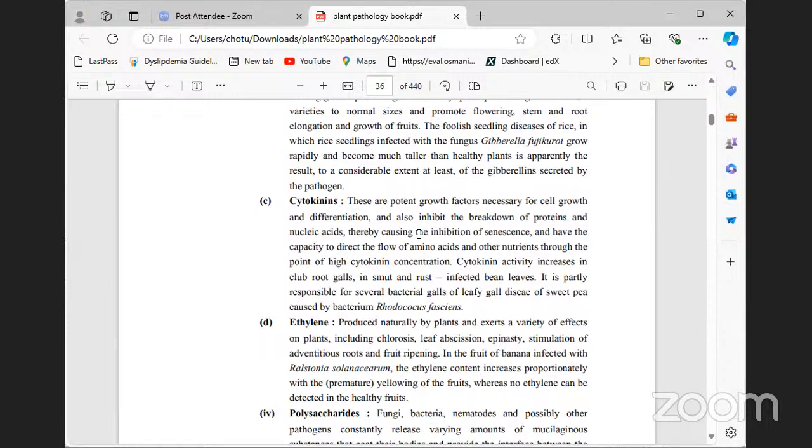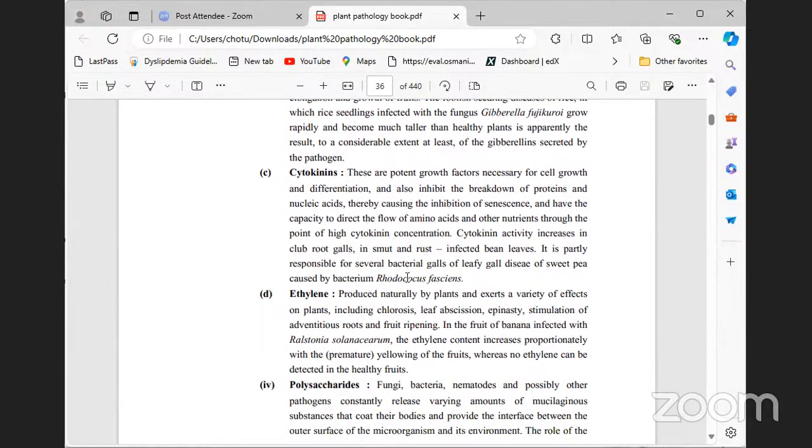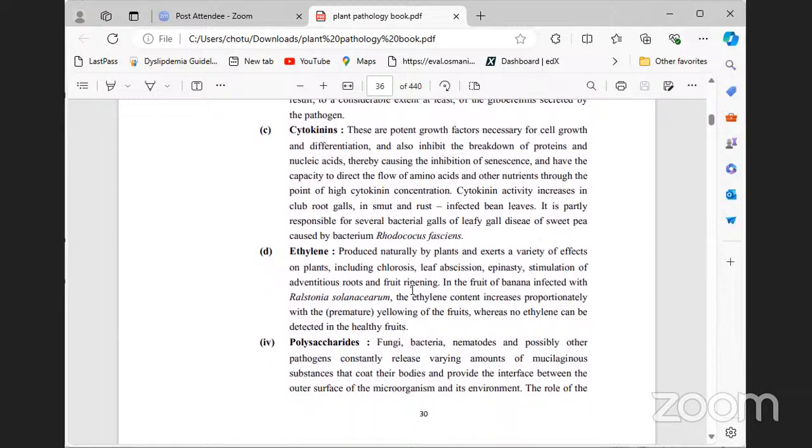Cytokinin activity increases in clubroot galls, smut and rust diseases, and infected bean leaves, and is partially responsible for several bacterial galls such as leafy gall disease of sweet pea, caused by the bacterium Rhodococcus fascians.